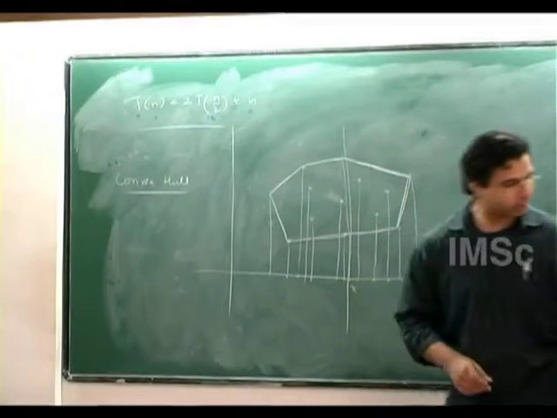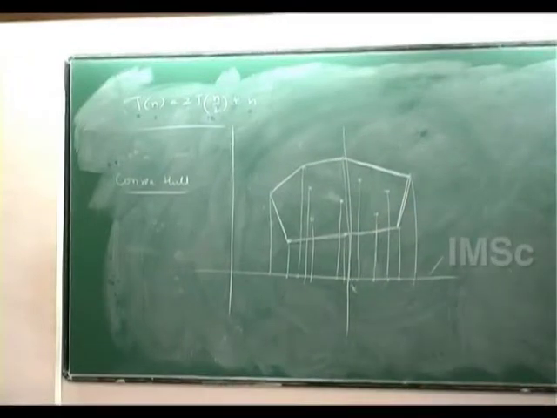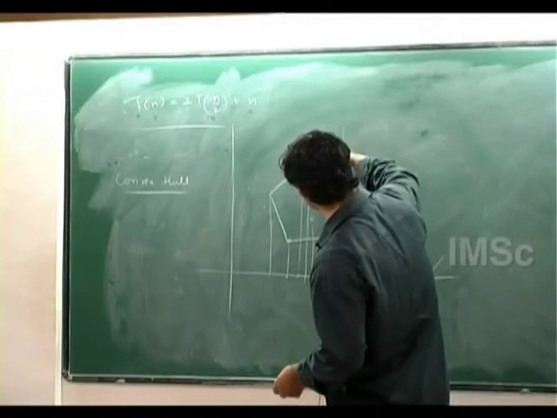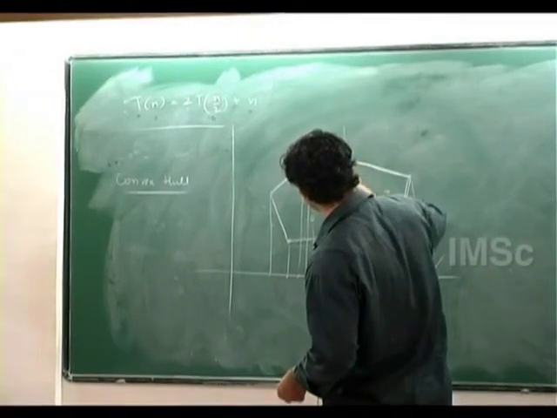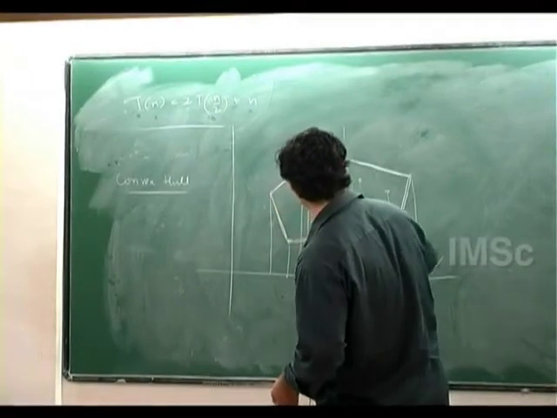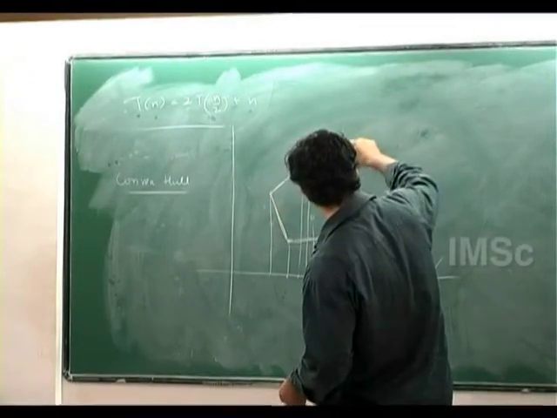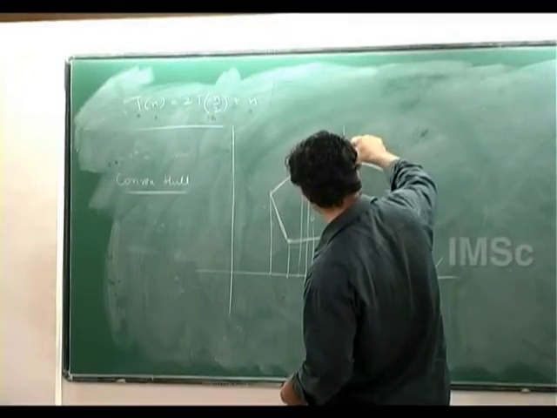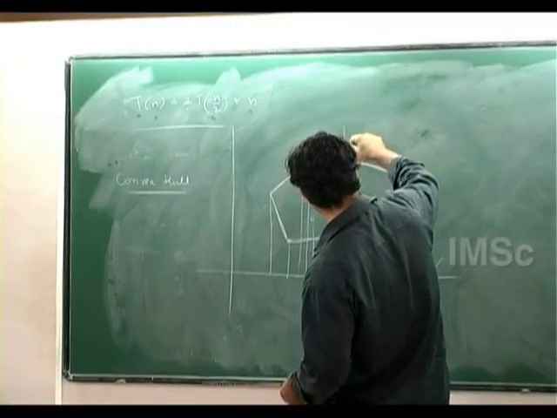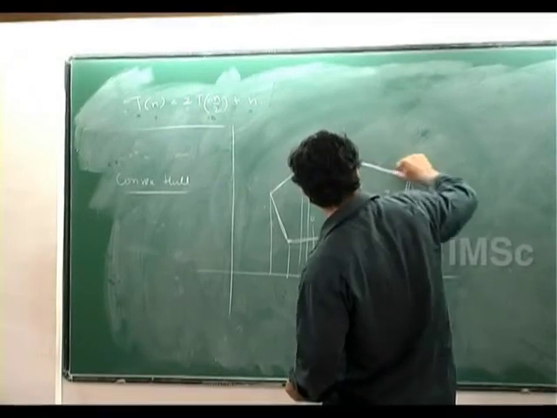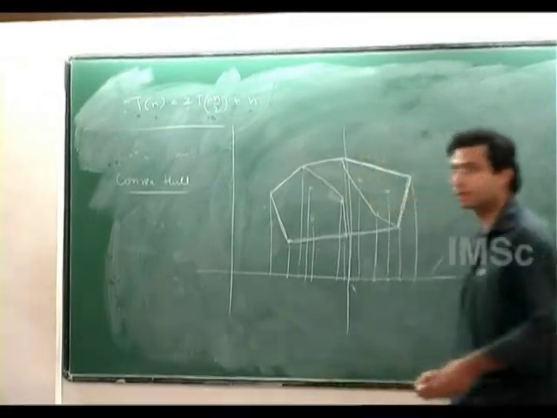So when we recurse, what we compute is the convex hull of this part, and the convex hull of this part.